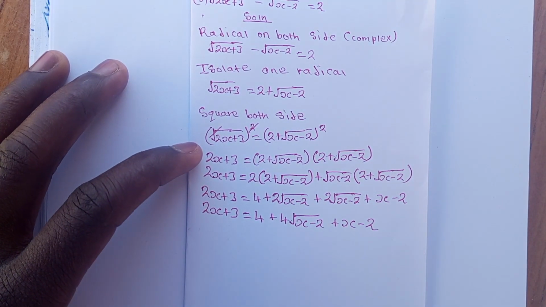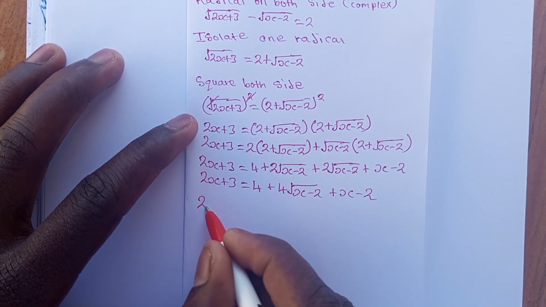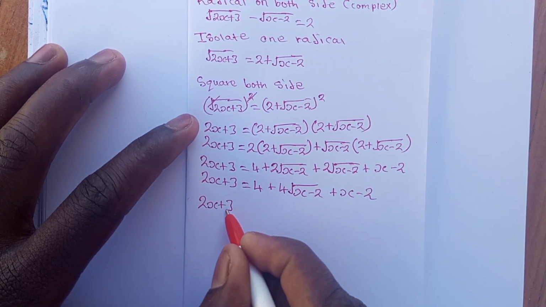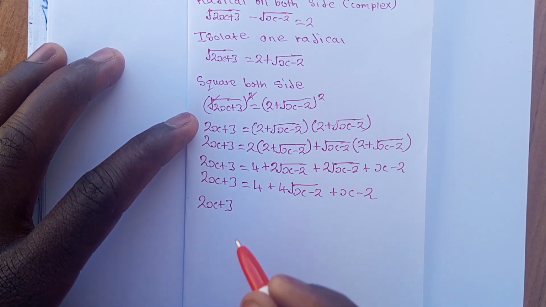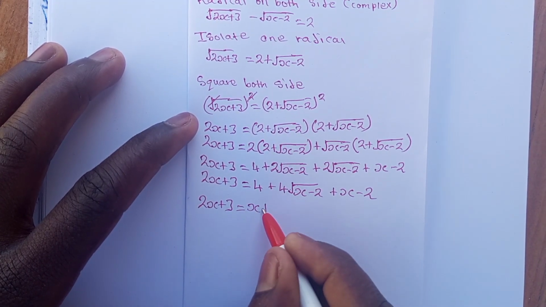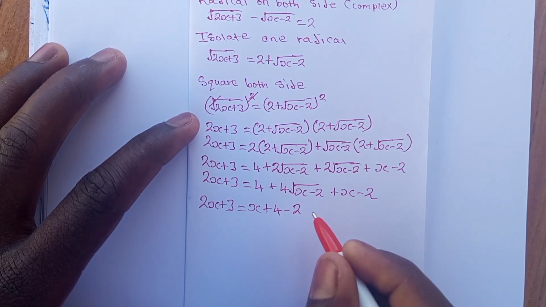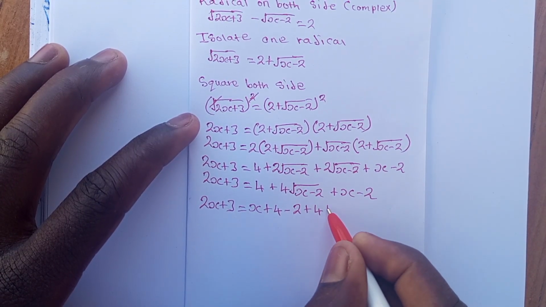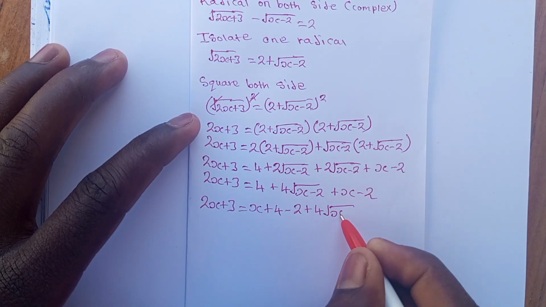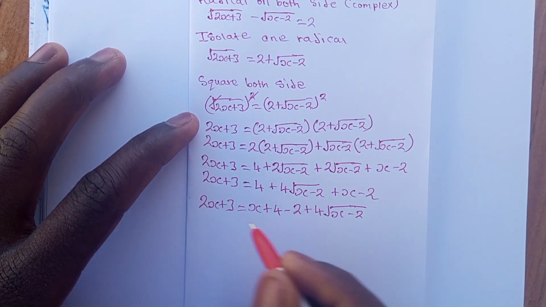So we continue. We say 2x plus 3, we take x equals to x, we take plus 4, we take minus 2, we take plus 4 root x minus 2.